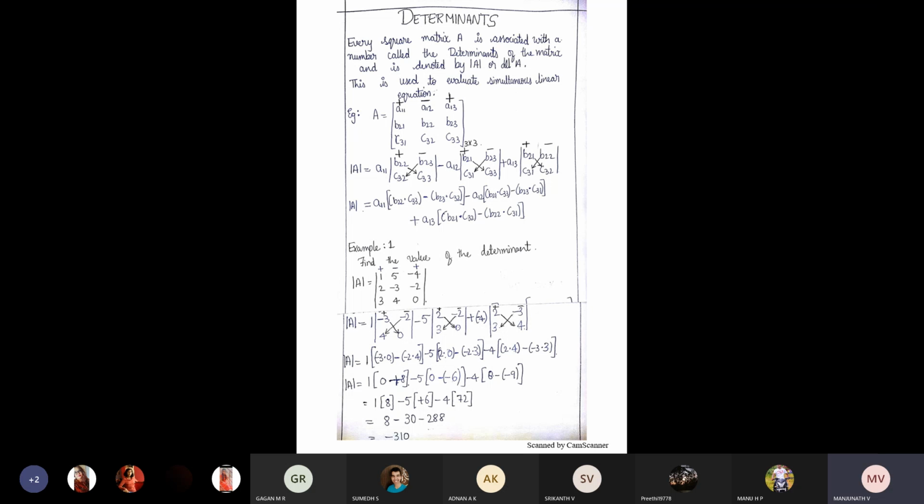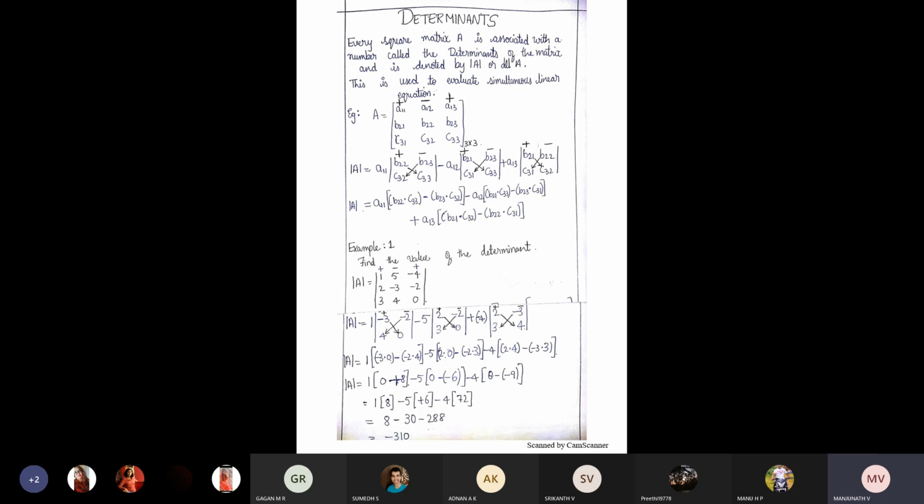Followed? Moksha, are you getting it? Priti, are you following? We suppress the first row and first column elements because we are starting with the coefficient A11.